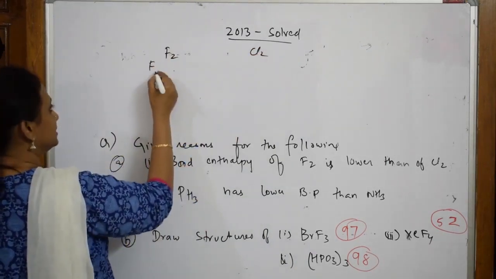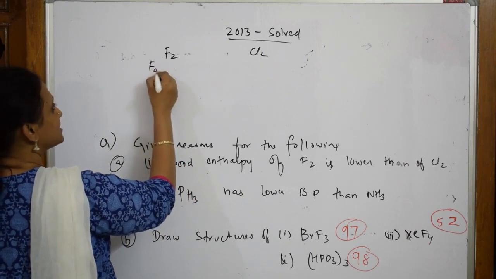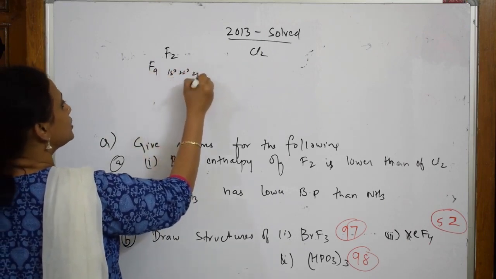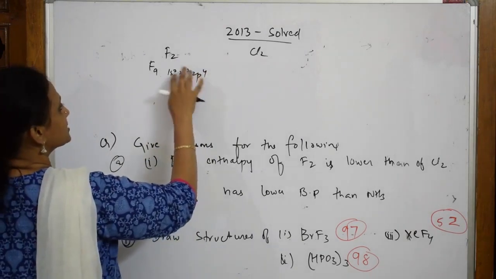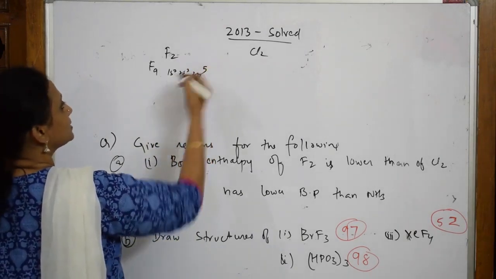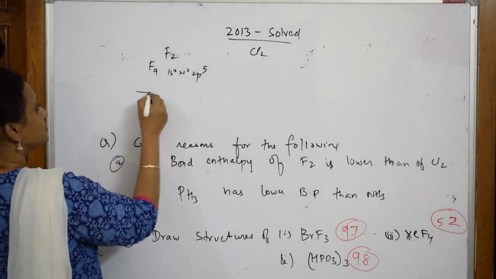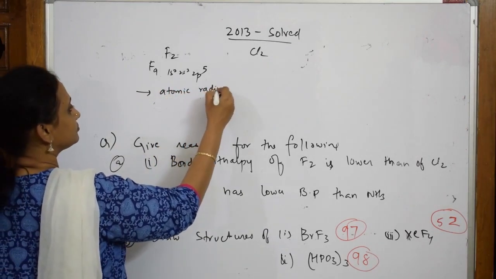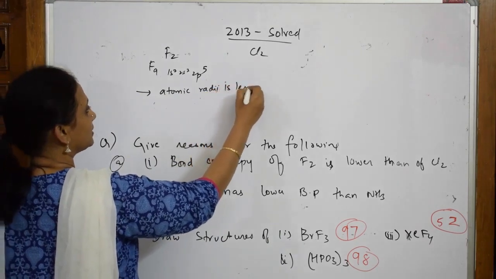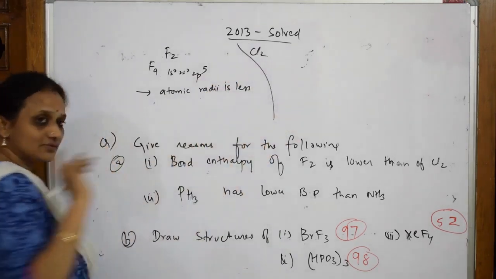Atomic number, this is 9, isn't it? 1s2, 2s2, 2p5. Yes. So in fluorine, first important thing is atomic radii is less. And when atomic radii is less, one concept.